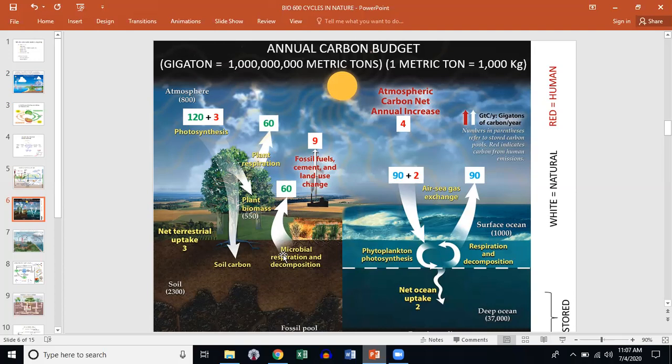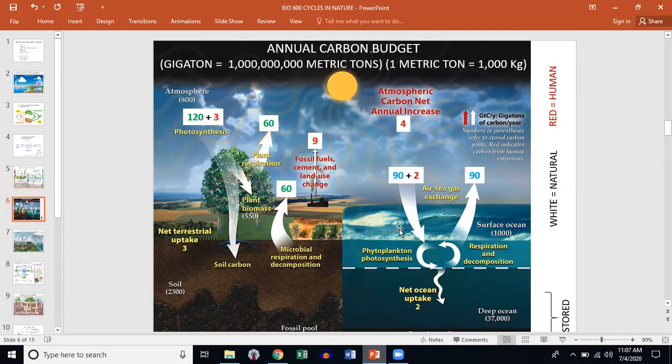When decomposers chew up organic material, one of the side products, because it is metabolism, they're metabolizing organic material, they produce CO2, okay? And so microbial and decomposition of organic material on Earth produces another 60 gigatons of CO2 annually. So that's 120 right there, okay?